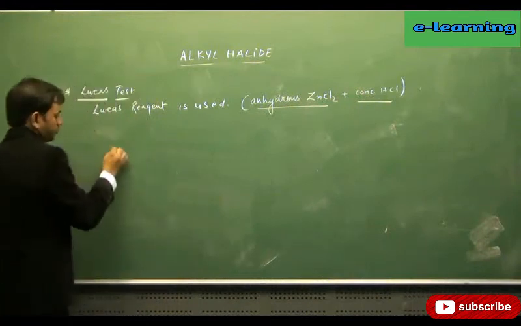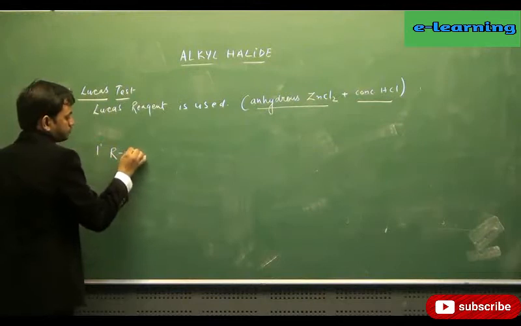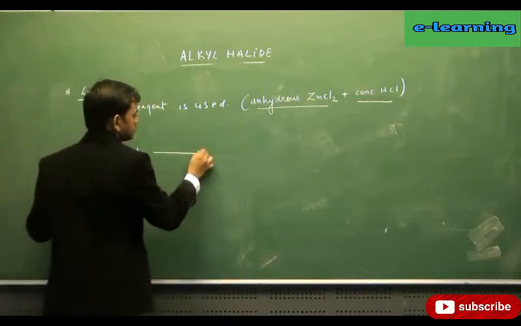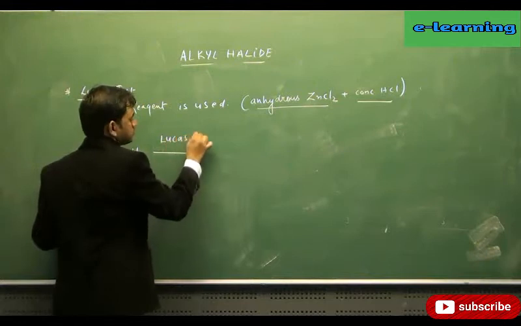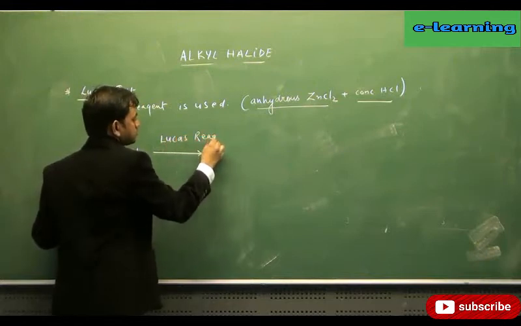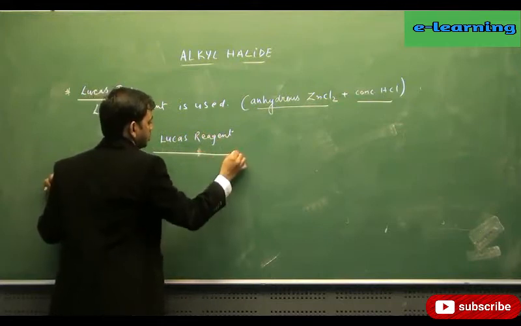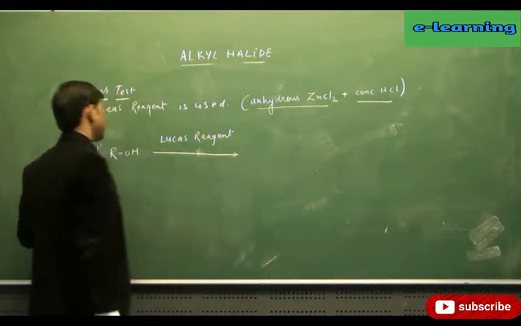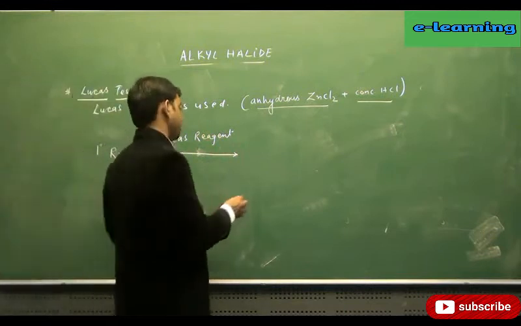But Lucas reagent with alcohol, 1 degree alcohol with Lucas reagent, it gives turbidity, converted to alkyl chloride, after a long time.